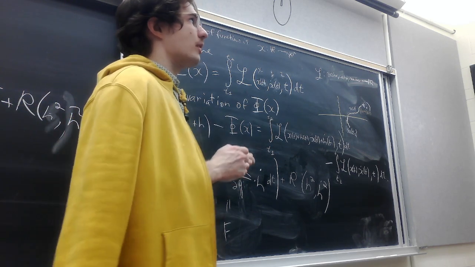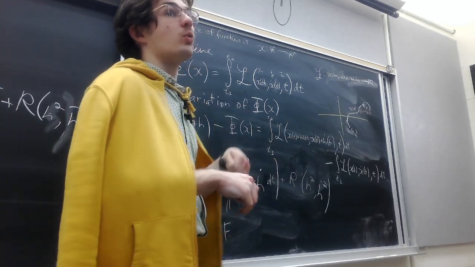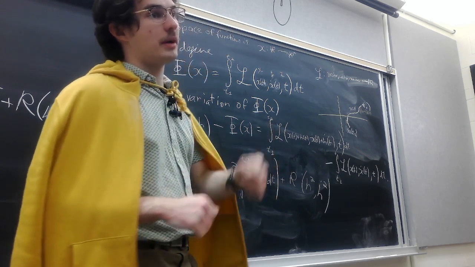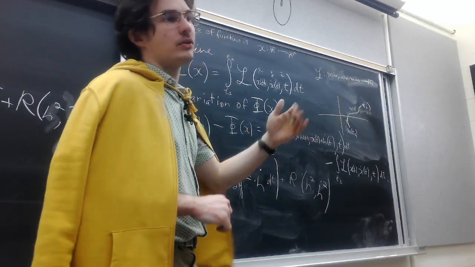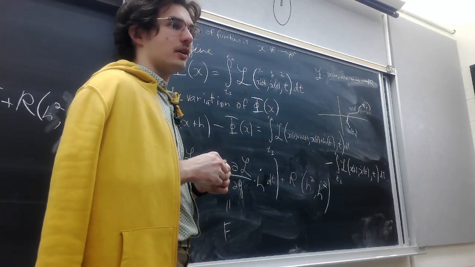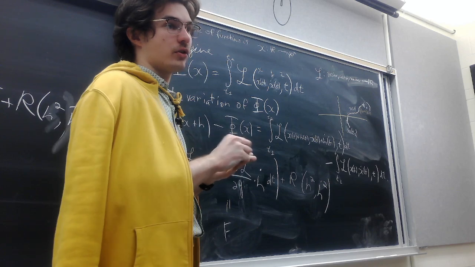What I wrote there was defining what it means for r to be of order h squared. If you were to bound h by epsilon and h dot by epsilon, then r would be bounded by epsilon squared. That was the definition, the condition r has to satisfy for it to be of order epsilon squared.